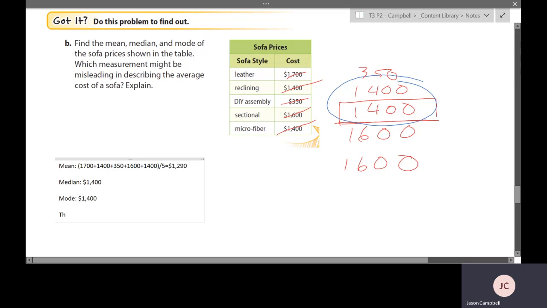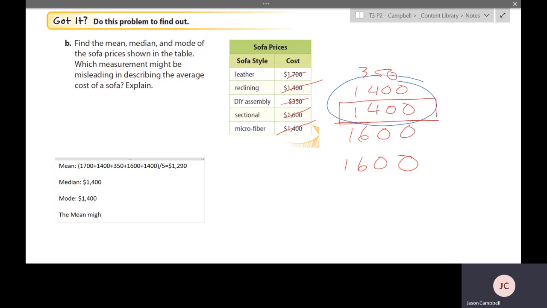So we will say the mean might be misleading in describing the average cost of the sofa because of the $350 sofa that is significantly cheaper than the rest.